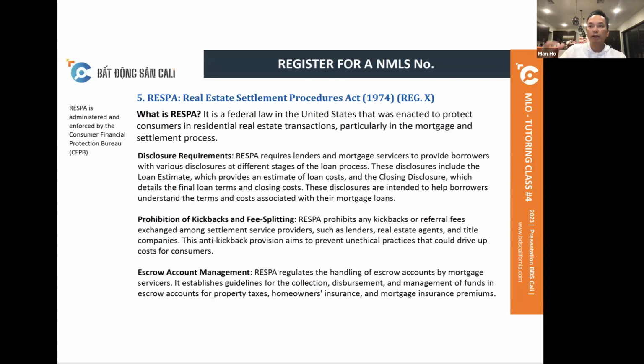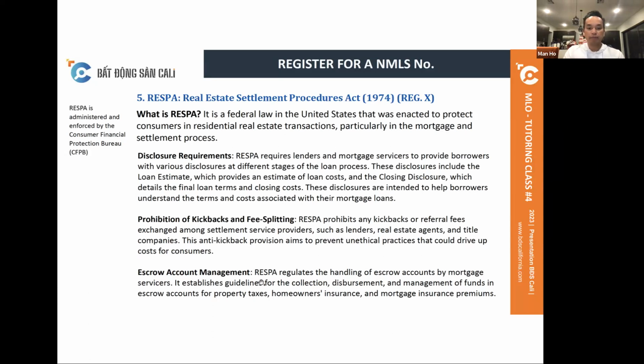Okay, RESPA is only applicable when you're dealing with a real estate transaction. So if you refer a client to somebody, pretty much you don't get any referral fee in the mortgage industry. Okay, but like I say, you've got to be really careful about this. Okay, the anti-kickback provision aims to prevent unethical practices that could drive up the cost for consumers.